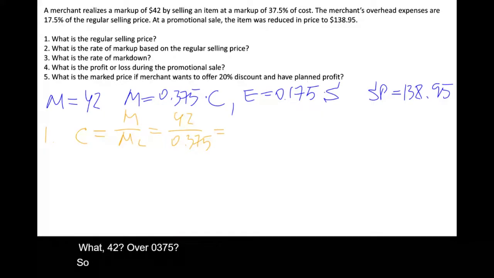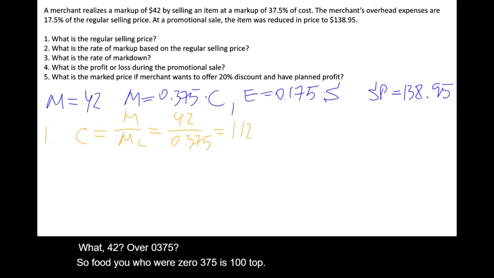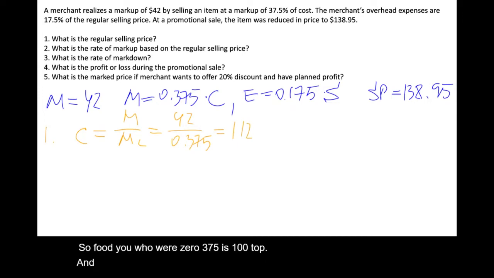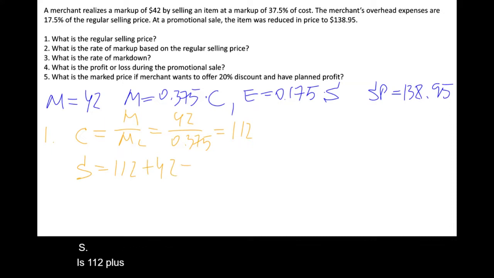So 42 over 0.375 is 112. And therefore S is 112 plus 42. What is it? 154. Any questions for question 1?